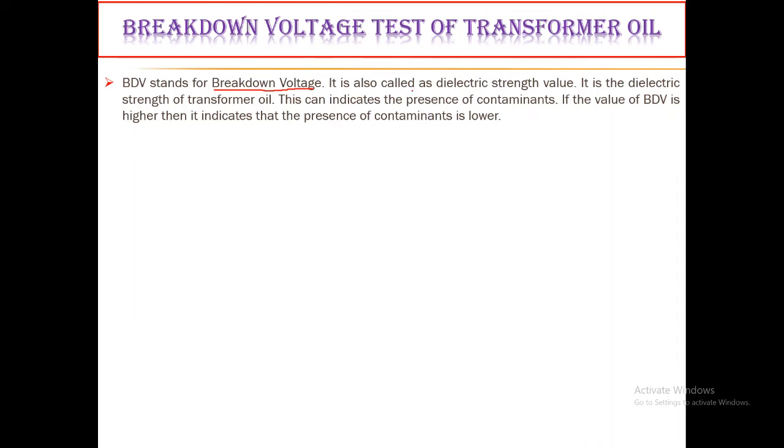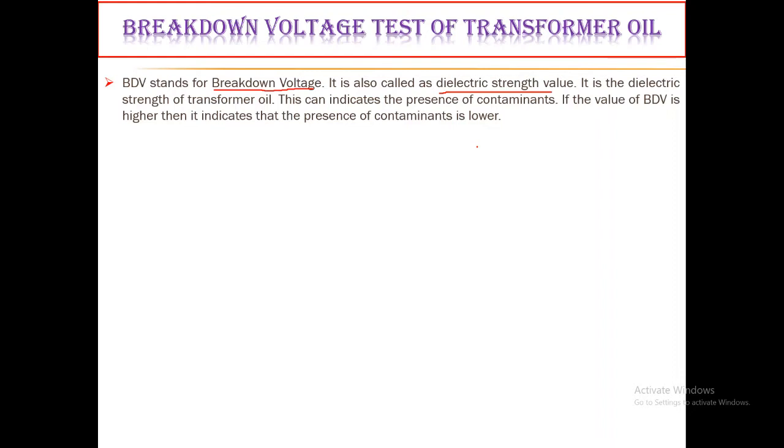Sometimes it is also called the dielectric strength value. When you represent this BDV in terms of dielectric strength, you can also call it the maximum value up to which a unit thickness or unit volume of a given dielectric can withstand the applied voltage.